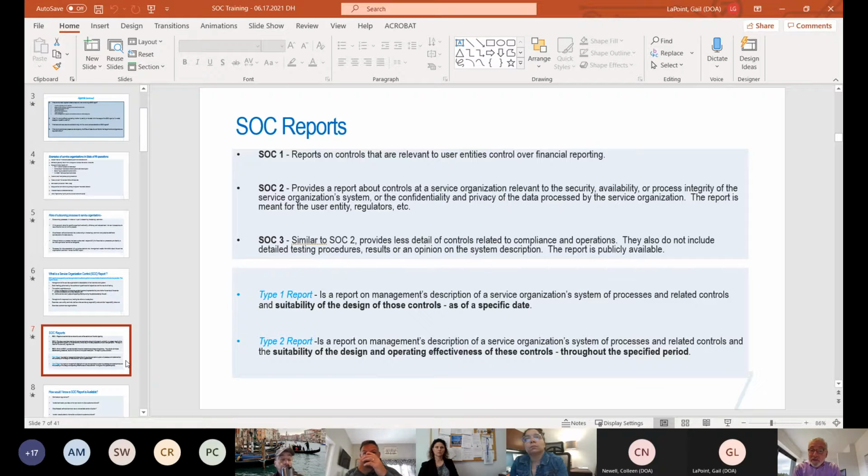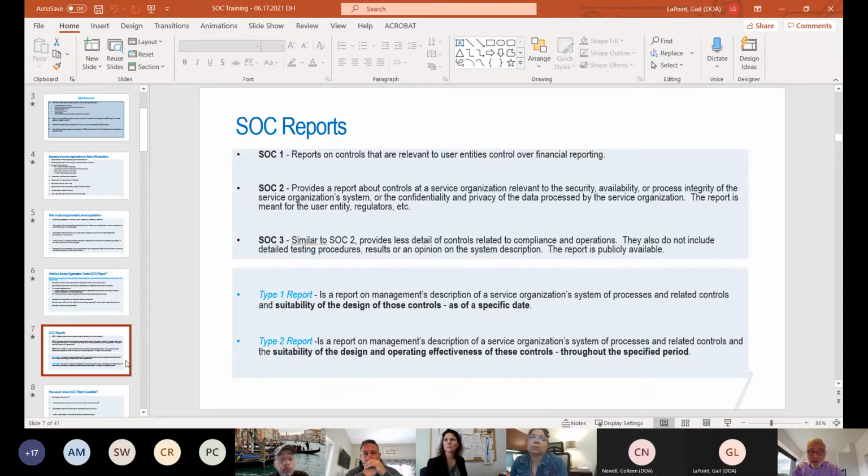SOC 2 is more on the IT level, and it's really talking about integrity of data and confidentiality, the data side of it, more IT driven. And a SOC 3, which we don't see all that often, is really more of a publicly available report that would not have a restricted use on it. So we don't see those all that often.